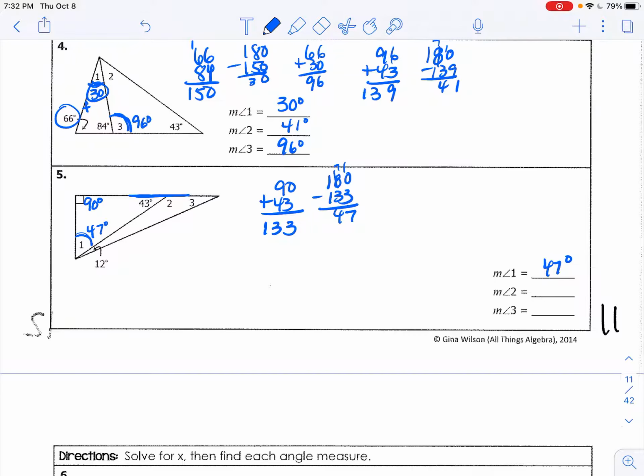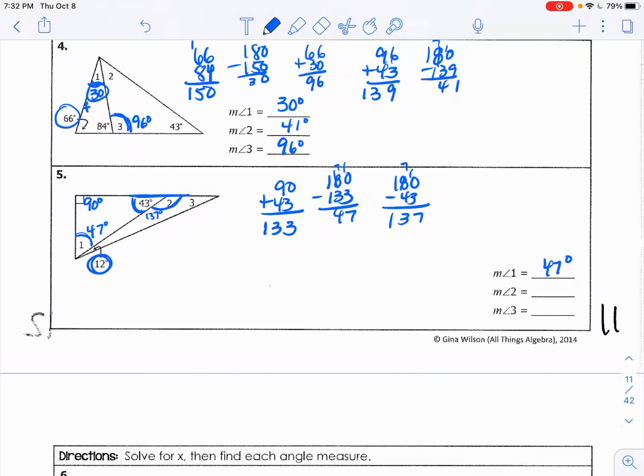Well, I'm going to pull up a theorem from our last unit, a linear pair. So I know that angle 2 and the 43 degree angle are a linear pair. So 180 minus 43 is 137. Angle 2 is 137.